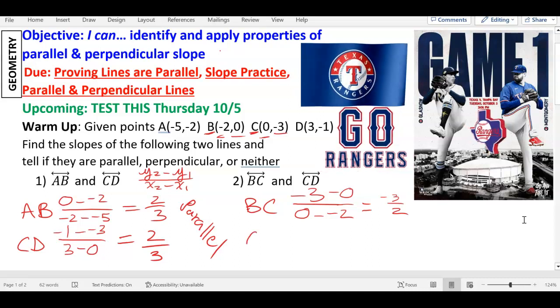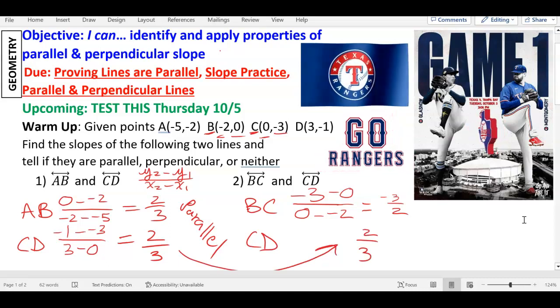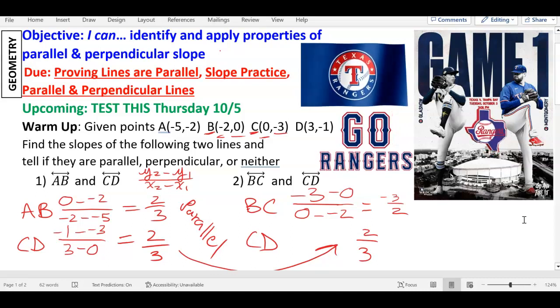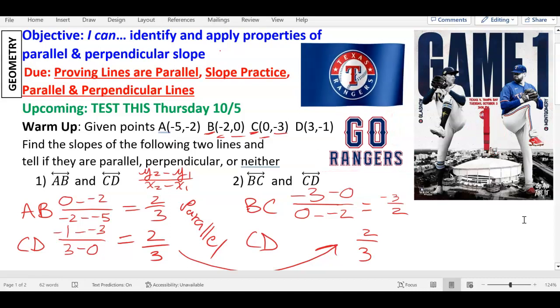Okay, so I already know what CD is. It's 2 over 3. So I have my two slopes. Here's the question. Are they the same? Negative 3 over 2, 2 over 3, not the same. So they're not parallel. So my other options are either perpendicular or neither.